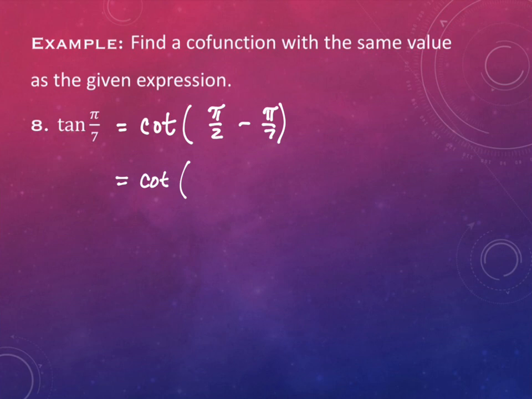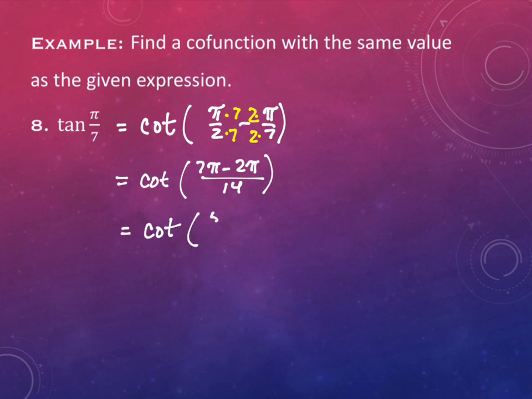The common denominator would be 14. So I have 7 pi minus 2 pi over 14, and 7 pi minus 2 pi would be 5 pi. So I have 5 pi over 14. So the cofunction with the same value is cotangent of 5 pi over 14.